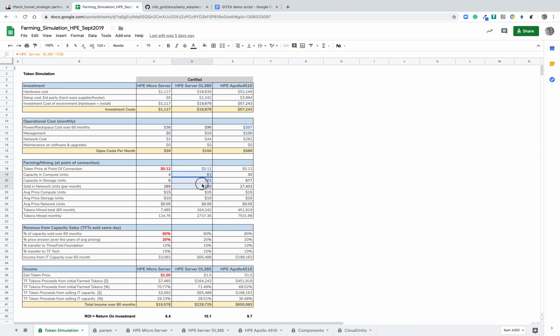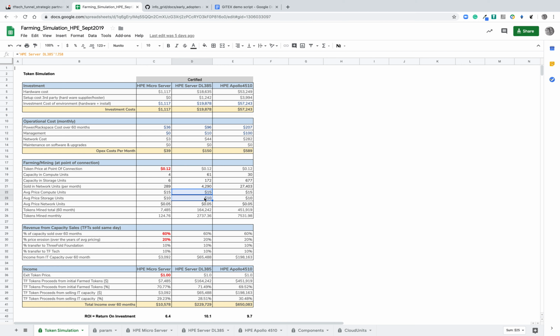Then you'll recognize what we talked about earlier, that we have 61 compute units and 172 storage units in the box. And for those, that's the important bit here, there is an average market pricing that we currently agree with, that Amazon and Google use for a similar kind of compute and storage capacity, that we use to calculate the full sales potential of your box.